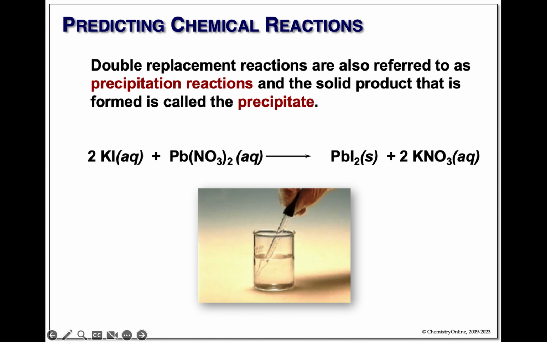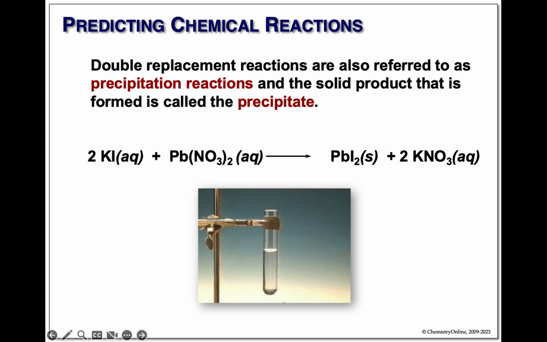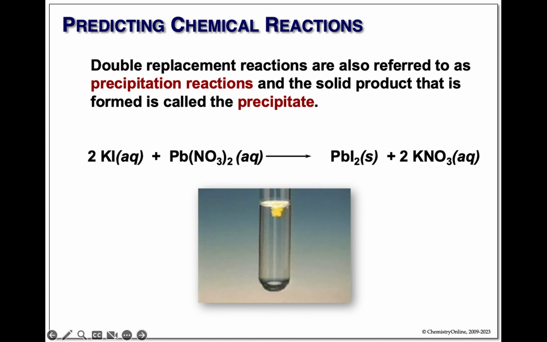Pick up a squirt of one of them, add it to the tube. We get an immediate precipitate, it's called, of lead iodide. If you let this sit long enough, all the solid particles will collect in the bottom of the tube. Any questions?